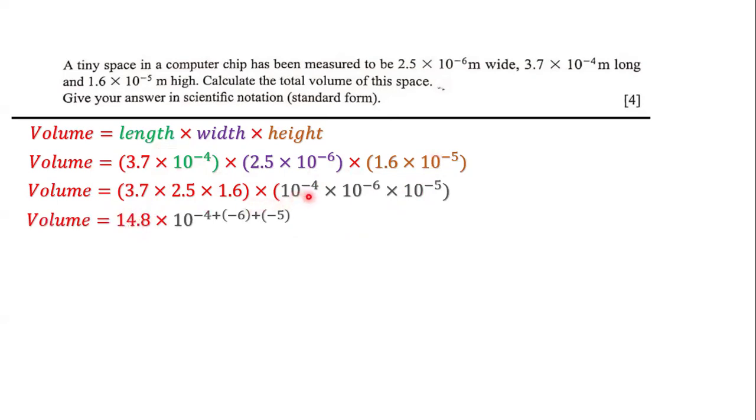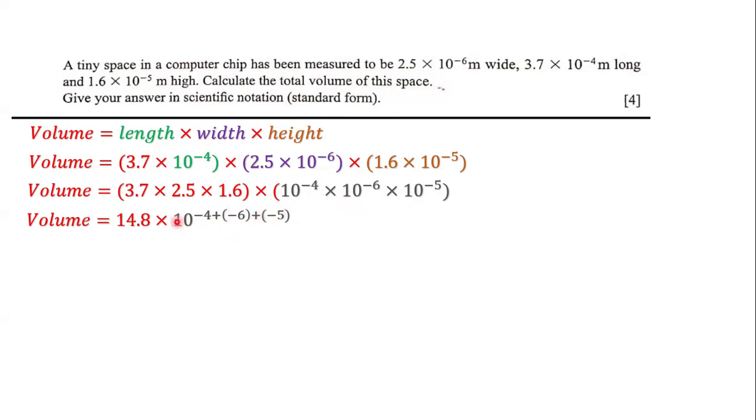Notice that these terms have the same base, which is base 10. Whenever you have terms that have the same base and you're multiplying them, you have to add the powers. So we have negative 4 plus negative 6 plus negative 5.